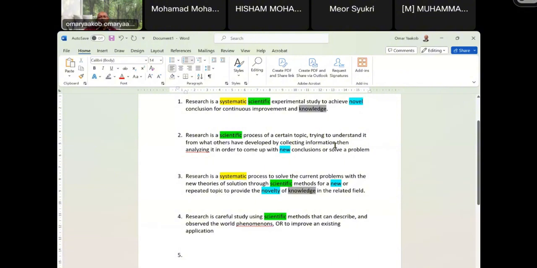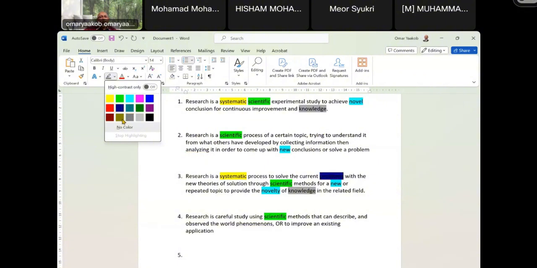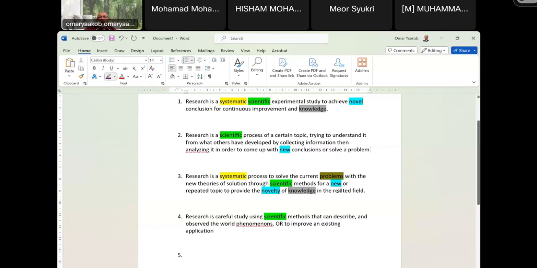What is the keyword? Develop, and then collecting, analyzing, conclusion, solve a problem. Problem? Here? Conclusion is repeated. A problem there, yeah? So that's a problem. There's a problem, and then there is another problem.